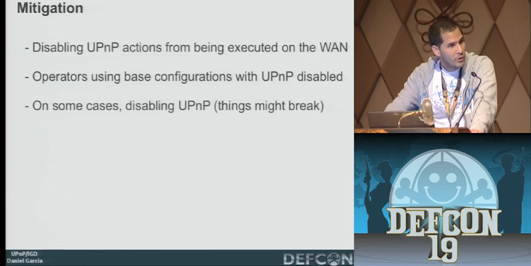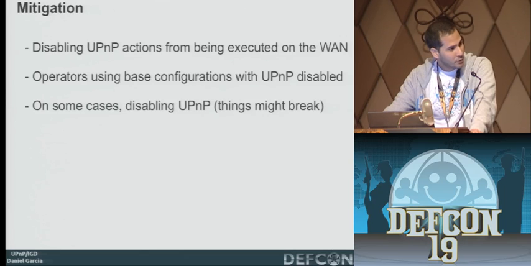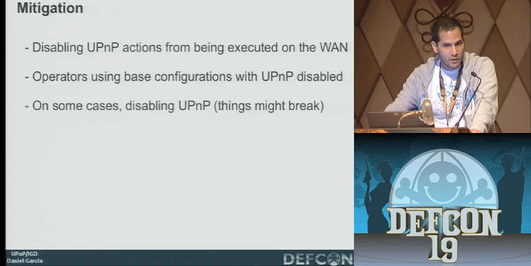And how do we fix this? I don't know. There's no real solution or best solution. First of all, we need to get everyone to be aware of this and start configuring their devices for UPnP, only accepting the actions from the LAN side.